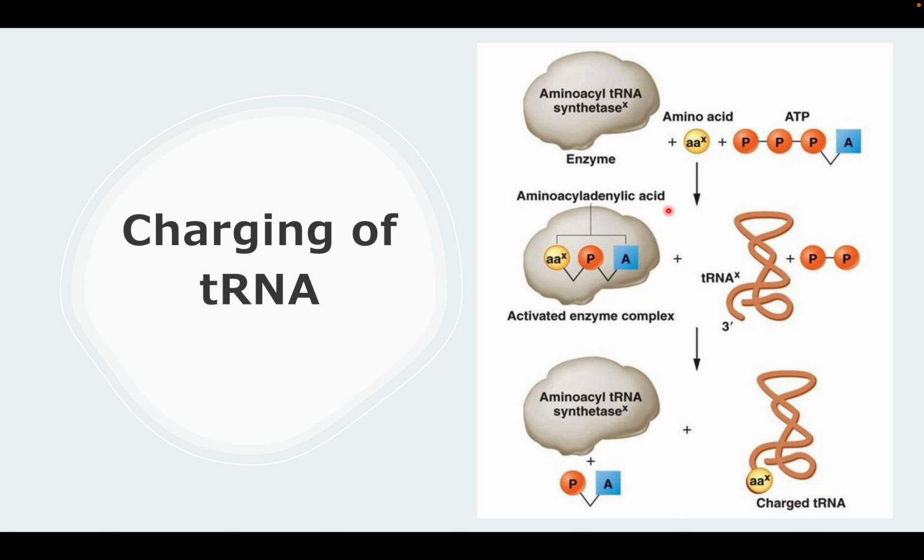And then the tRNA, which has the anticodon for this amino acid, binds to this site, and then the AMP gets released, and also the charged tRNA is released. It's called charged because this tRNA is bound to the amino acid, and then the enzyme gets released. So this is called charging of tRNA.